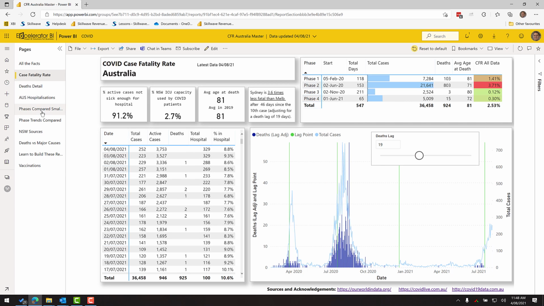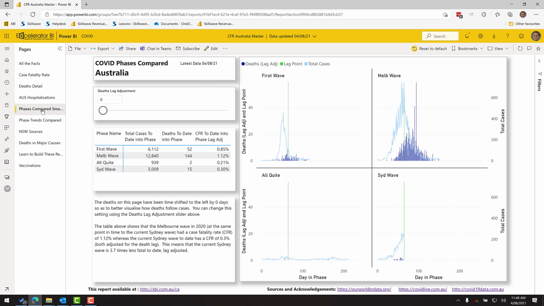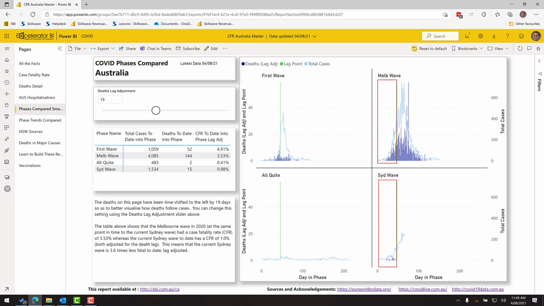So if I jump now over to my phase comparison, I've produced this small multiples analysis, and you can see at the moment I don't have the phase adjust in place, but if I now move this into the 19 days adjusted, you can see that I'm ignoring any cases that are appearing on the right hand side of this green line, and therefore I'm also ignoring all the data on the right hand side of the green line here for the Melbourne phase. So I'm only doing a comparison between this data here in Melbourne and the equivalent data here in Sydney.